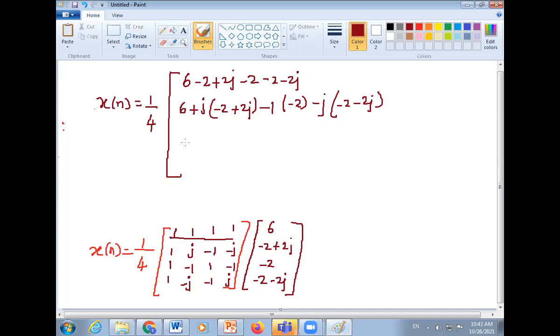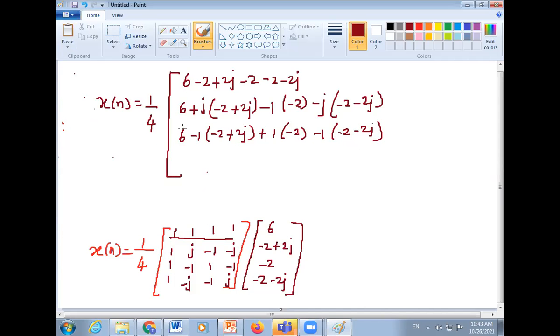Then third row with the column again is 6, minus 1 multiplied with minus 2 plus 2j, then plus 1 into minus 2, then minus 1 into minus 2 minus 2j.